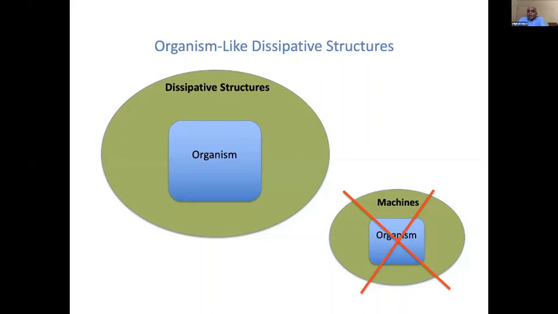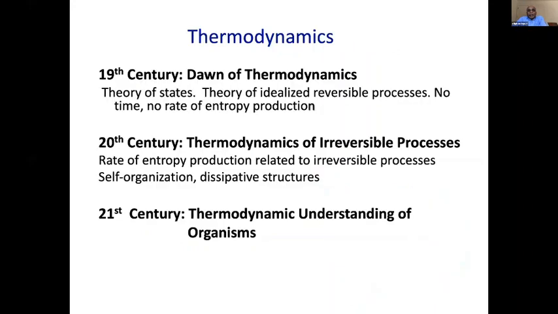We don't really have a paradigm to think about organisms in ways other than some kind of complicated machine. So we need to create a different paradigm to understand organisms. The machine paradigm is not going to work for us.